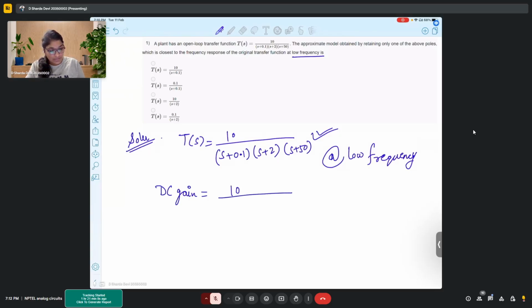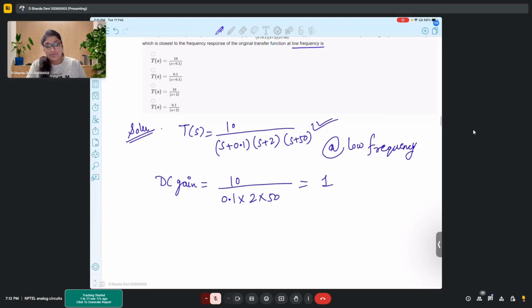What is the transfer function's DC gain in our case? This is 1, right? Because we are looking at the low frequency approximate transfer function. First of all, the transfer function should match.